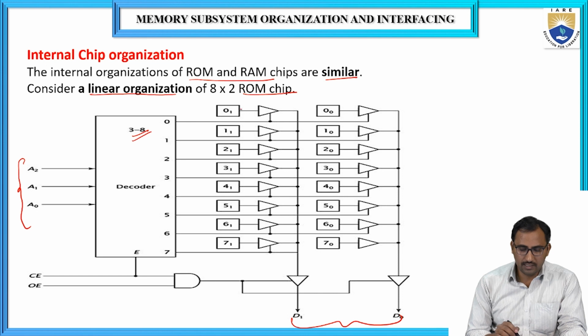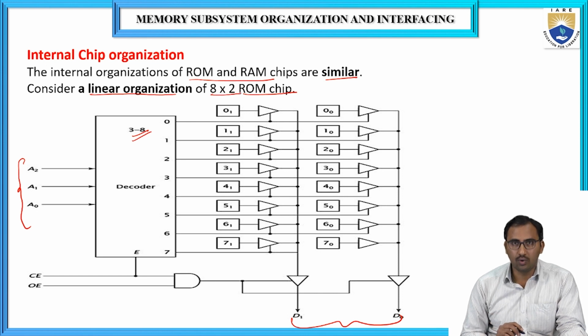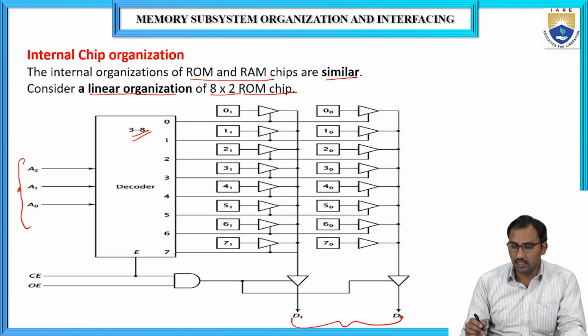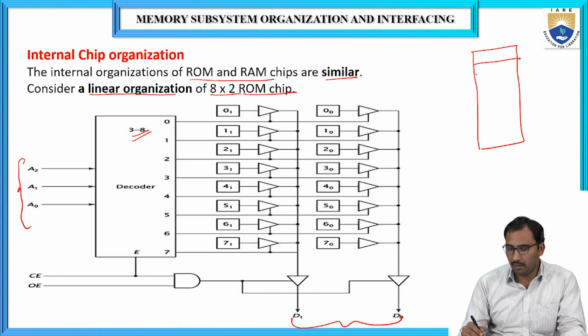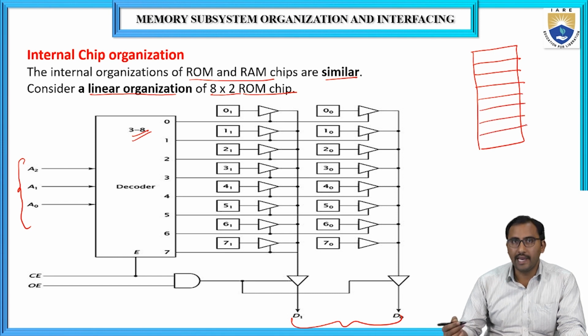So that means this is an 8x2. 8x2 means it contains a total of 8 memory locations, that is 0, 1, 2, 3, 4, 5, 6, 7.